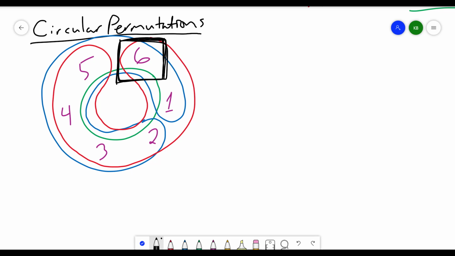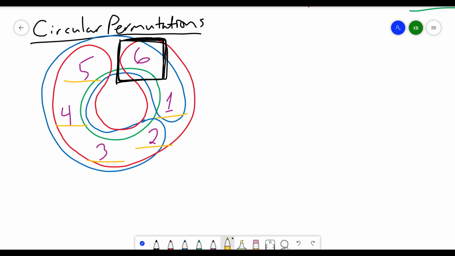And then we'll read clockwise from there. So when we're talking about circular permutations, we want to think about all of the remaining people other than our fixed person that we're always going to start with.